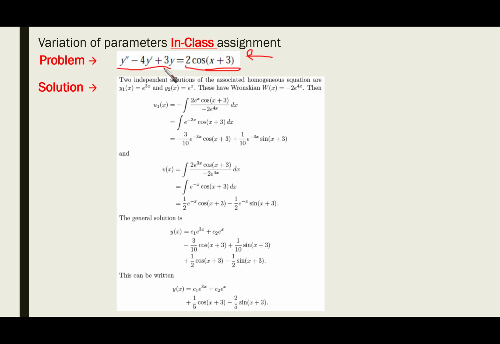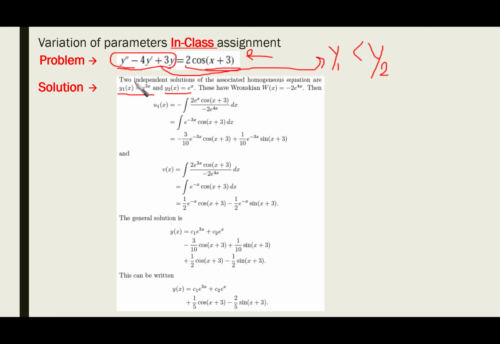Then we are going to do the same procedure. This one is going to be considered as the associated homogeneous equation, and we are going to find y1 and y2 for it. So y1 is going to be e to 3x, and y2 is going to be e to x. I hope that you found this when you solved it by yourself.